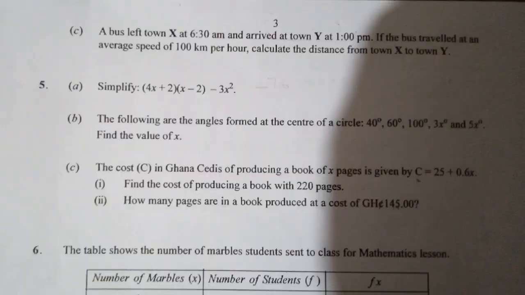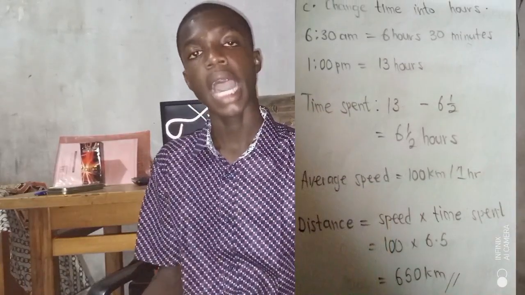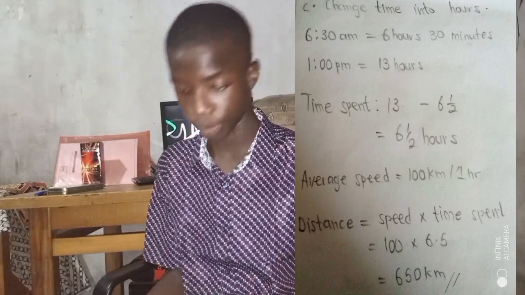For c, a bus left town X at 6:30 a.m. and arrived at town Y at 1 p.m. If the bus traveled at an average speed of 100 km per hour, calculate the distance from town X to Y. Okay, now we change our time, which is in AM and PM, to hours.